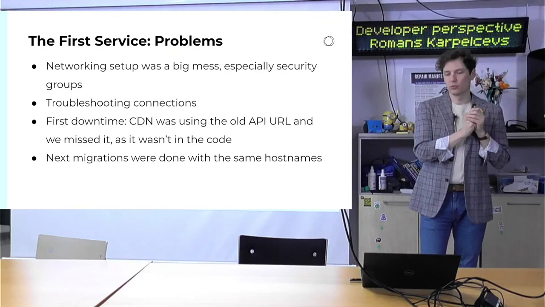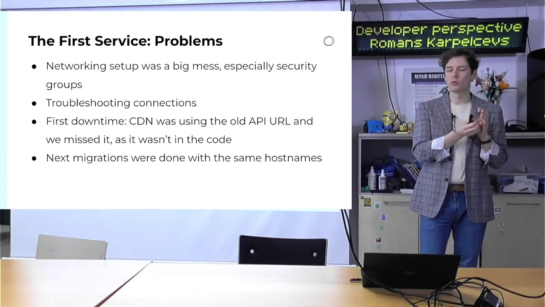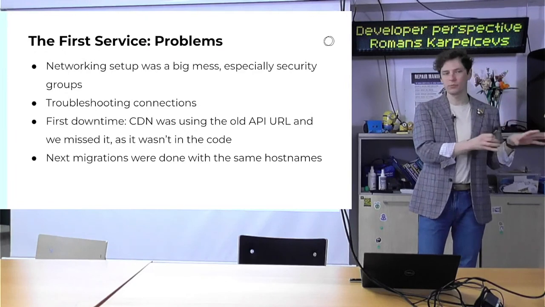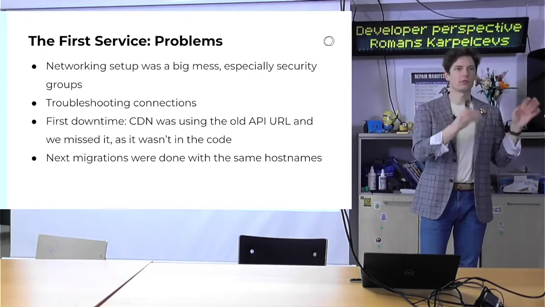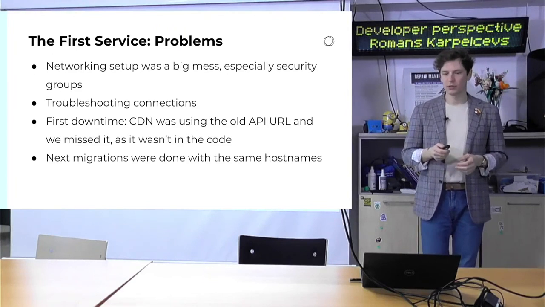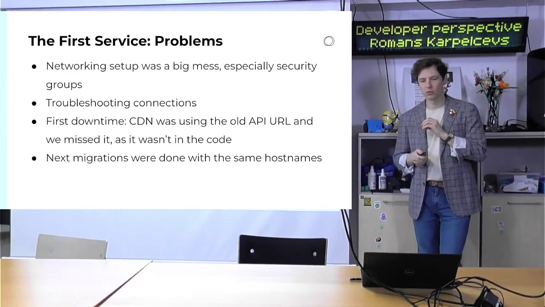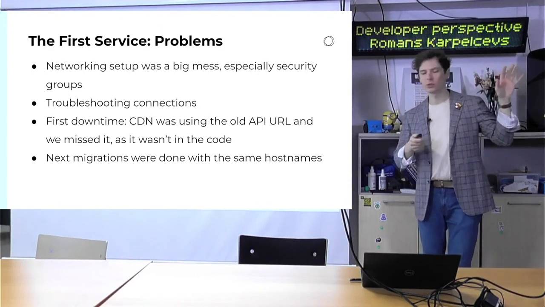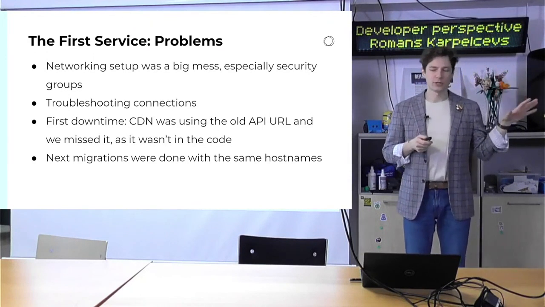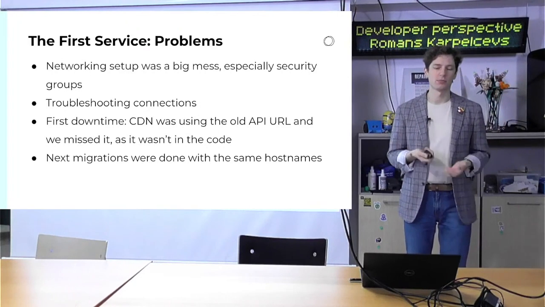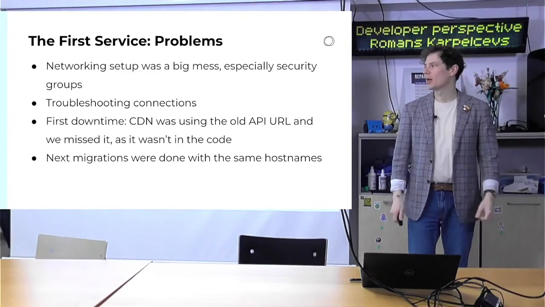Even though it looked very simple, we created a separate hostname for the service and tried to migrate our web app to this new hostname, and that was a mistake. Even though we changed all of the mentions in the code, the AWS CDN was set up so that it caches some of the responses from the old API, and we missed it and caused the first downtime of the migration on the first service.